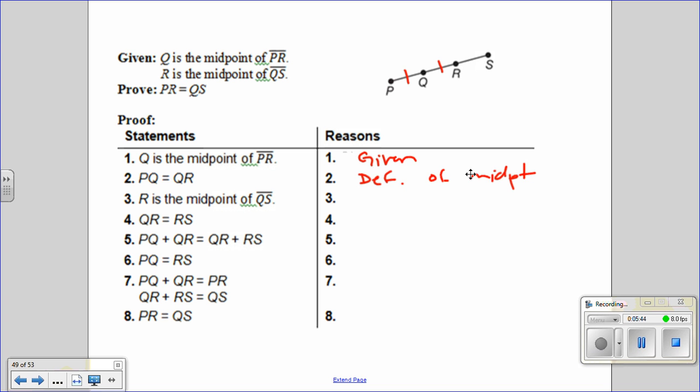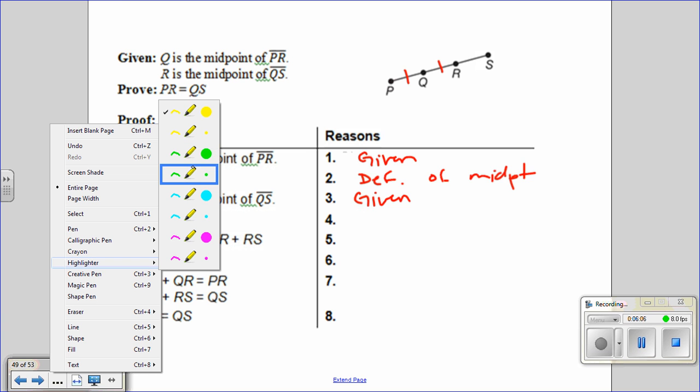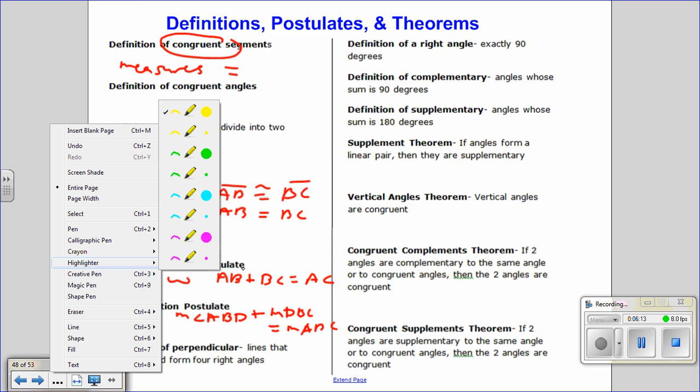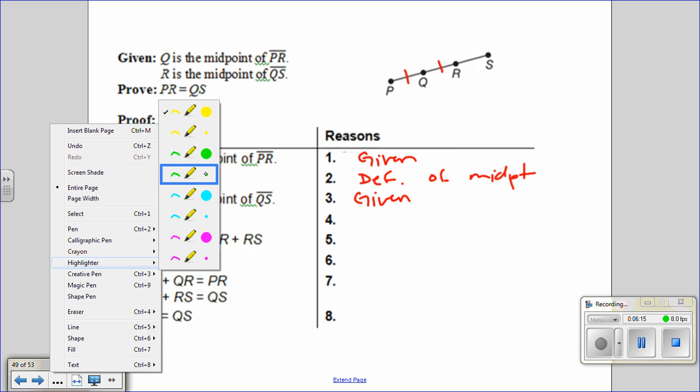Statement 3 says R is the midpoint of QS. I saw that information before as well. If you look back at the given, that was also part of the given. So we have another given statement. So now R is the midpoint of QS, and I'll highlight that for you. Sorry, I accidentally hit the wrong thing on my screen.